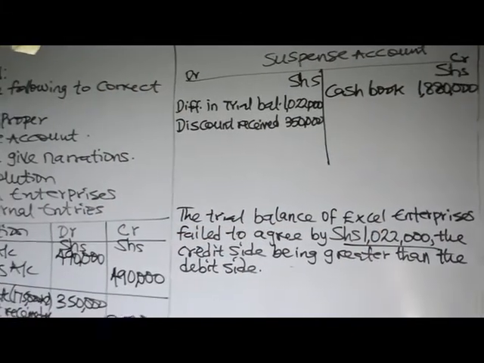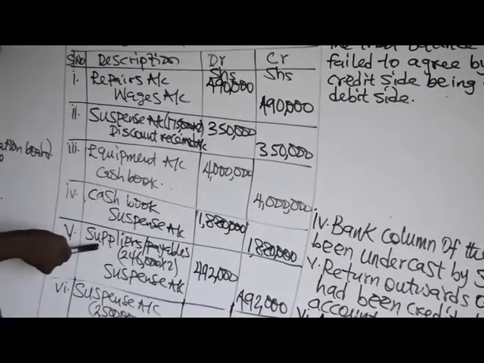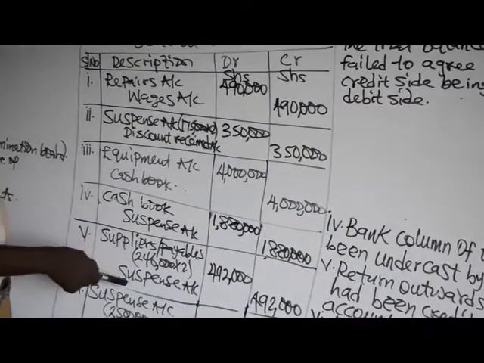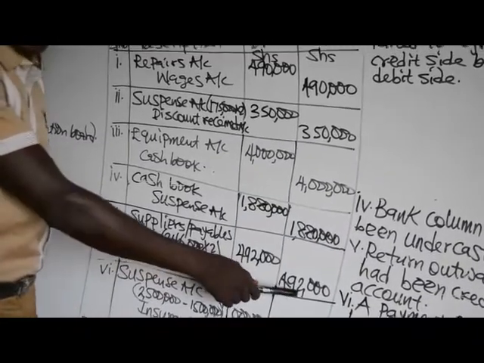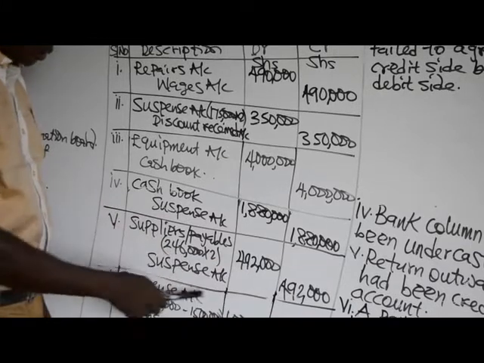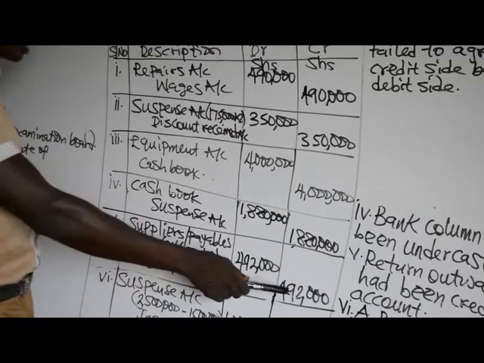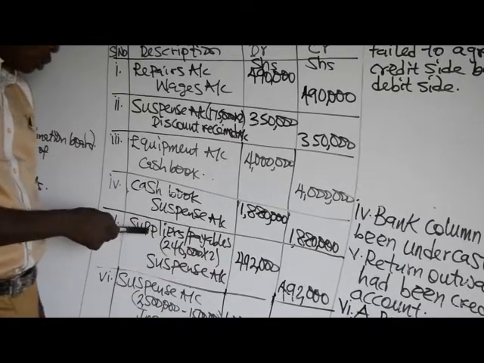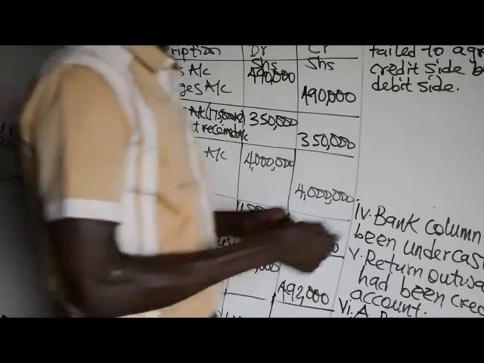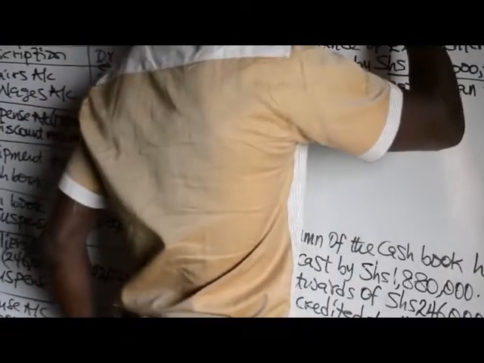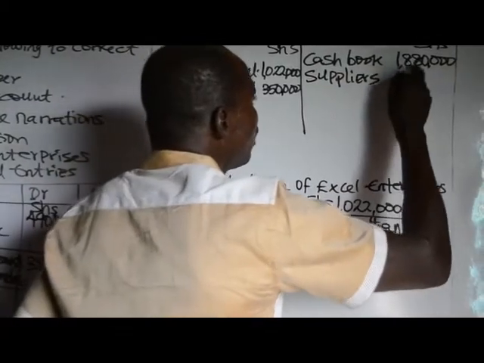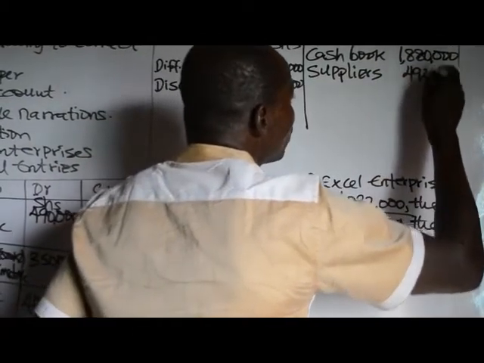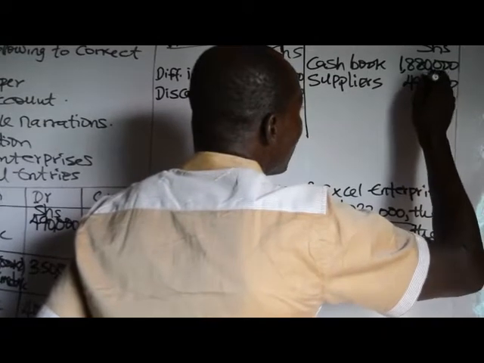Then number 5, we have the suppliers and suspense. The suspense account is credited with 492,000. So you put it at the credit side with the narration suppliers, which is 492,000.